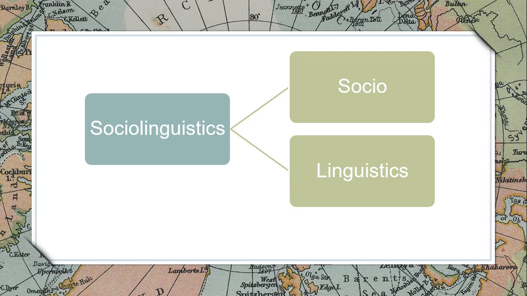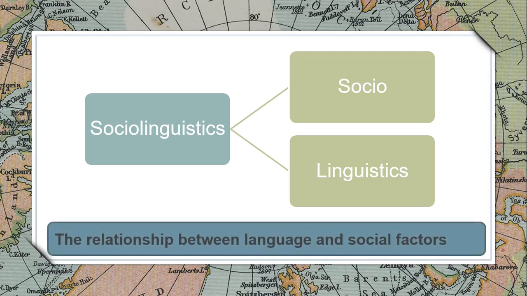So what do we learn in sociolinguistics? Well, to make it simple, sociolinguistics talks about the relationship between language and social factors. Social factors can include your age, your gender, the geographical location of where we live, and then probably the culture, habit, and other practices that have something to do with language.